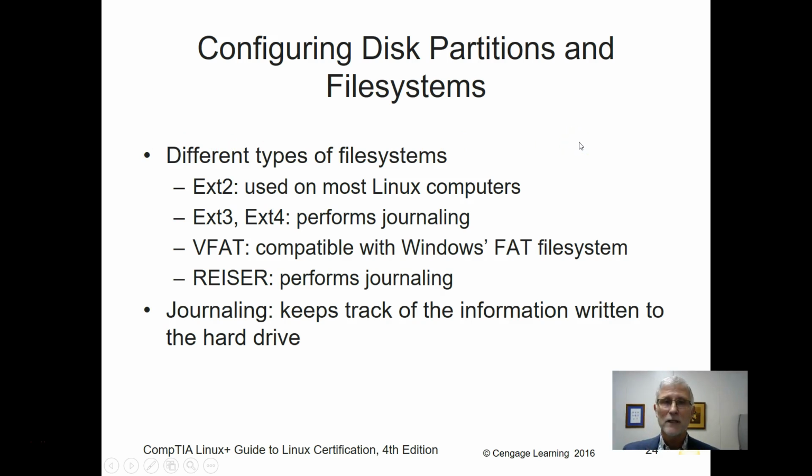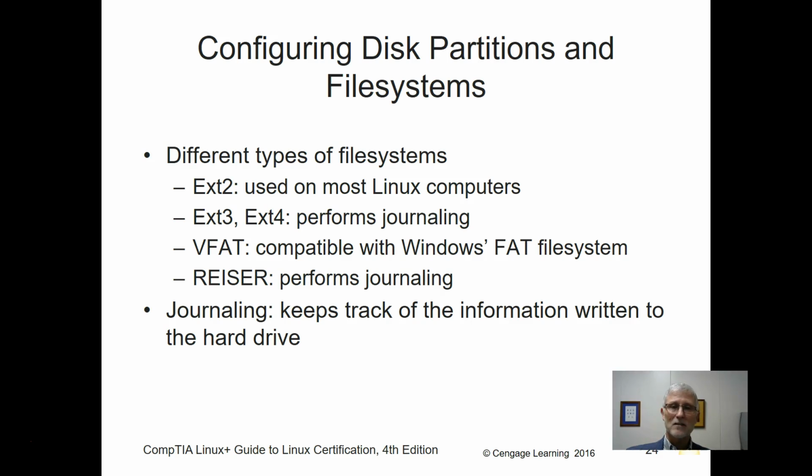Now, configuring disk partitions and file systems, there are a couple of different types of file systems. Most computers use ext2. ext3 and ext4 are used for journaling.